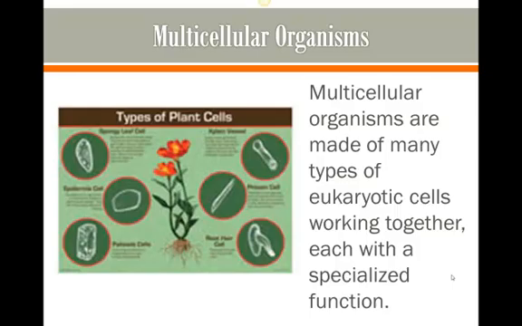Sometimes they have more than one function. The main difference again is that with unicellular, that one cell does everything. With multicellular, each individual cell does not do everything. They have their specific jobs that they do for the whole organism.